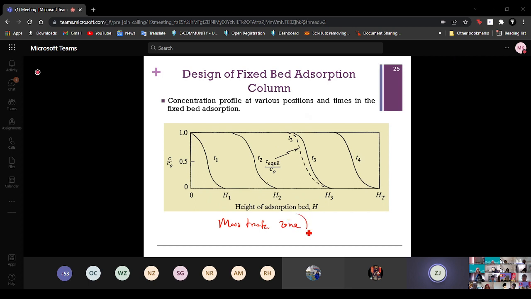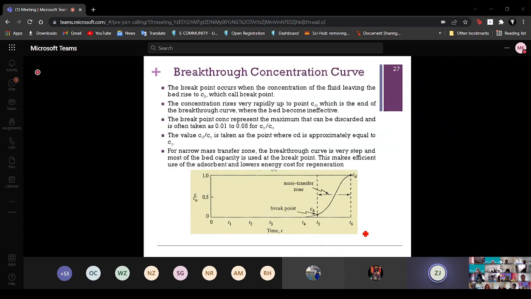You need to know this mass transfer zone in order for you to determine your total height, your bed height lah. Kita panggil HT lah, HT. Okay, so this is basically the one that you need to know. This is the mass transfer zone yang required.